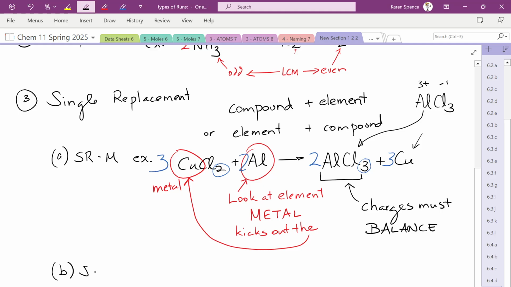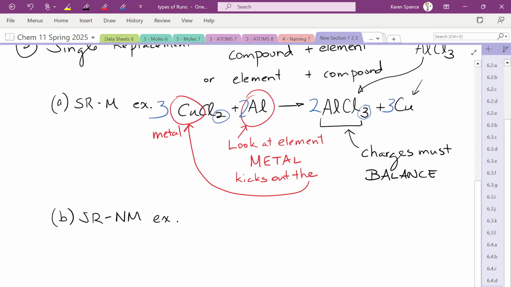We also have single replacement non-metal. So let's have F2 plus K3P. Ooh, that's fun.